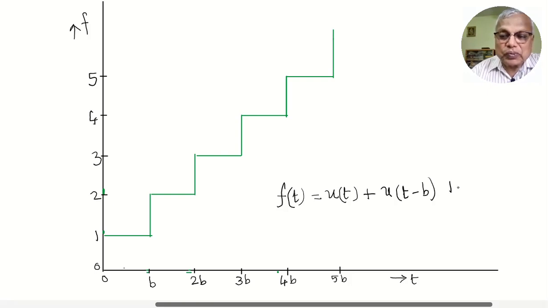Plus this one. So first u of t, then u of t minus b, and this one is going to be u of t minus 2b.